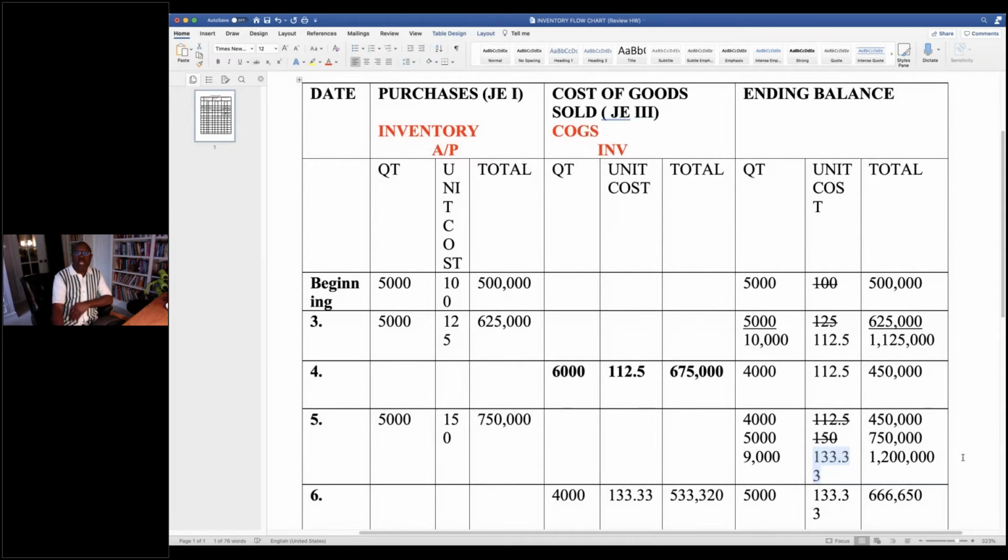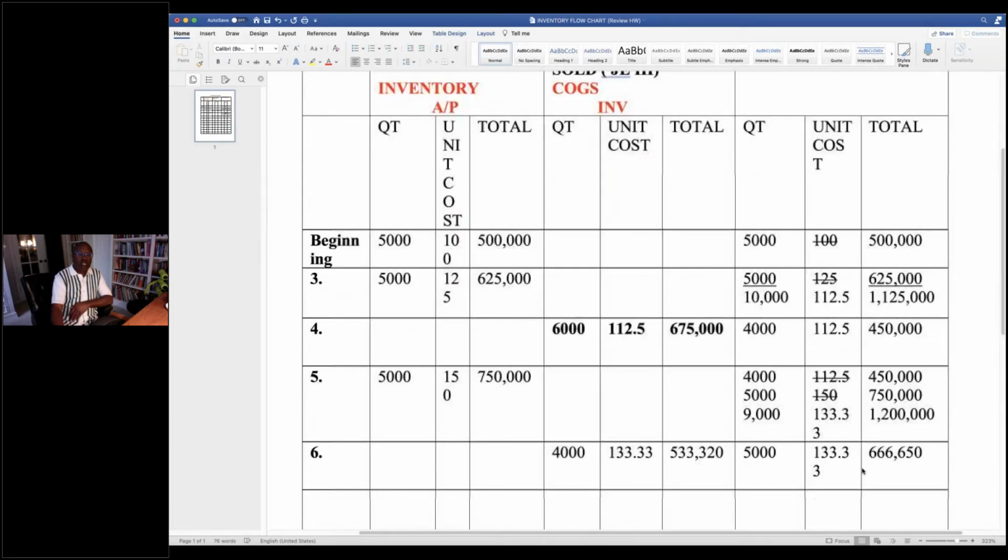Whenever we're using weighted average, we don't use the old cost. We have to come up with a new cost. So we sold 4,000 at 133.33. So the cost of goods sold is 533,320. We see that?